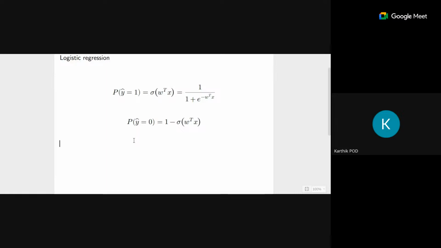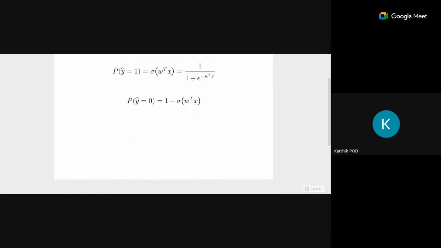Now, when we are doing MLE, what did we do? We did negative log likelihood, right? So first of all, log likelihood. What is the log likelihood going to be? If you remember, for one data point, it's p to the power y into 1 minus p to the power 1 minus y, right? This is the form that the likelihood takes for one data point.